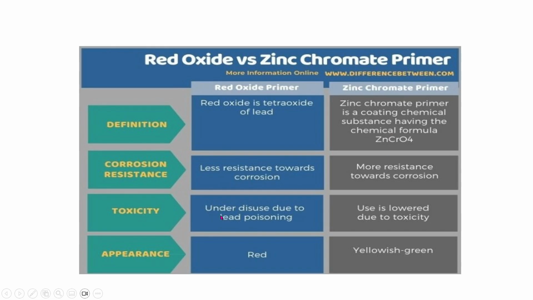So zinc chromate is better than red oxide, and red oxide is in disuse as lead is there. Its use is also lowered due to toxicity. In appearance, red oxide primer is red, and zinc chromate is green. Normally it is green. So these are the different types of primer we are using.